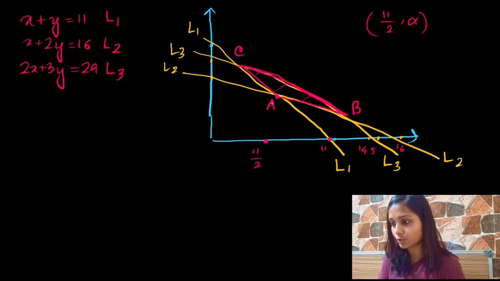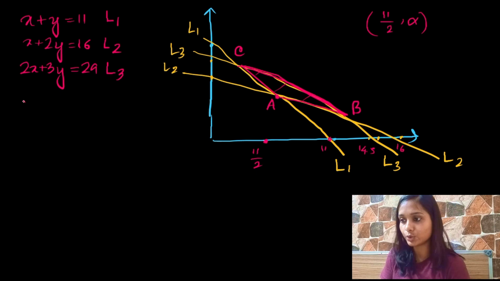This will be 11 by 2. But we do not know whether it will be before A or after A. So we first need to find out the coordinate of A. A is the intersection of lines L1 and L2.